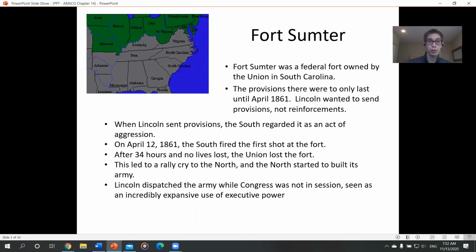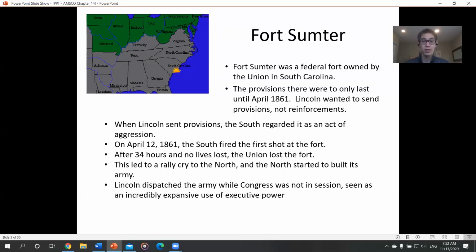No lives were lost, but the Union lost Fort Sumter. It went into Southern possession, and this was truly the start of the Civil War. Fort Sumter became a rallying cry for the North, as they started to realize, well, the South, they mean business. They're not just trying to secede from the Union. They're trying to take all of our things and attack our people.